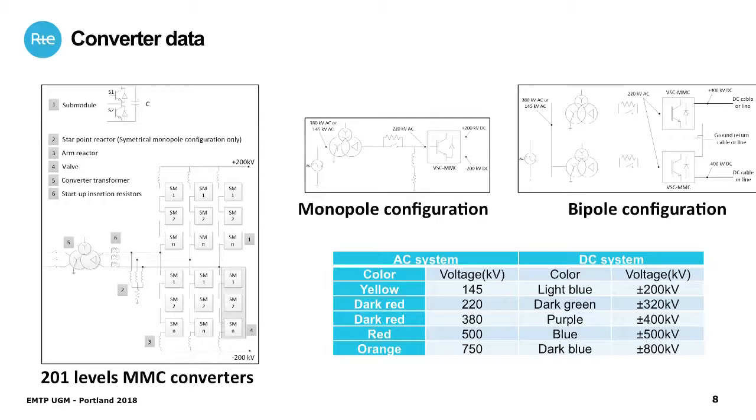So all the VSC converters or MMC converters, with the topology you have here, actually it's written as 201 levels for the MMC converter, but that was in the previous DC grid. Now the number of levels will depend on the voltage level you have, because you have different voltage levels in the DC grid. You have monopole configuration and also bipole configuration in this DC grid as well, depending on the voltage level.